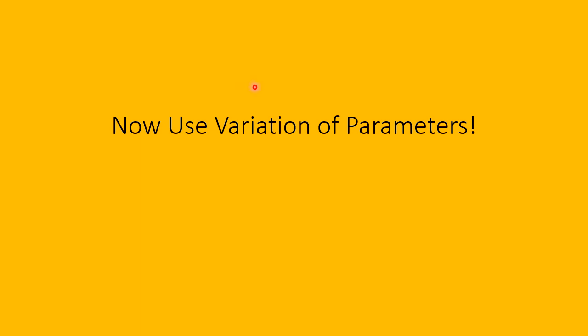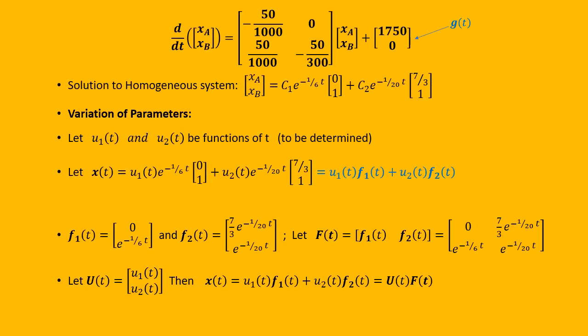We will now use variation of parameters to solve the original problem. So here is the non-homogeneous problem that we're trying to solve. And if we get rid of this term, just make it 0, then we have a corresponding homogeneous system, x prime equals A times x, and we just found the solution to that homogeneous problem.